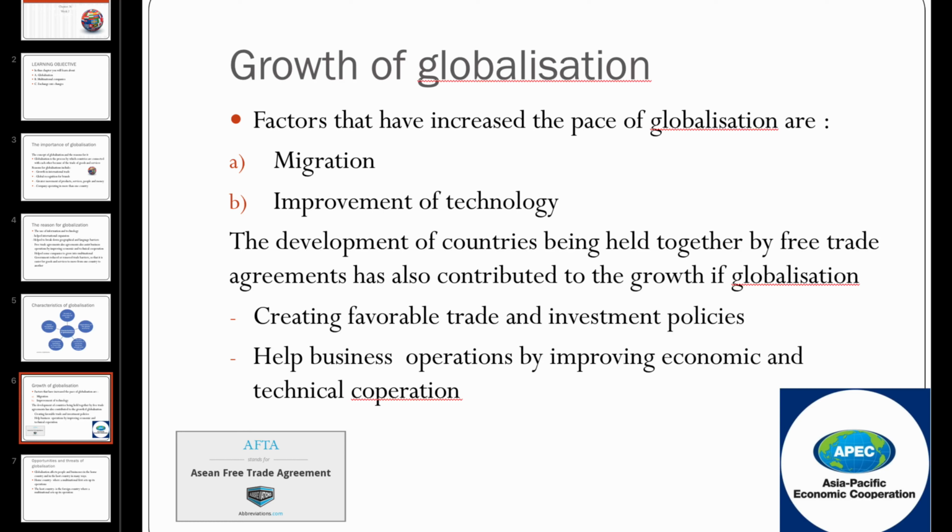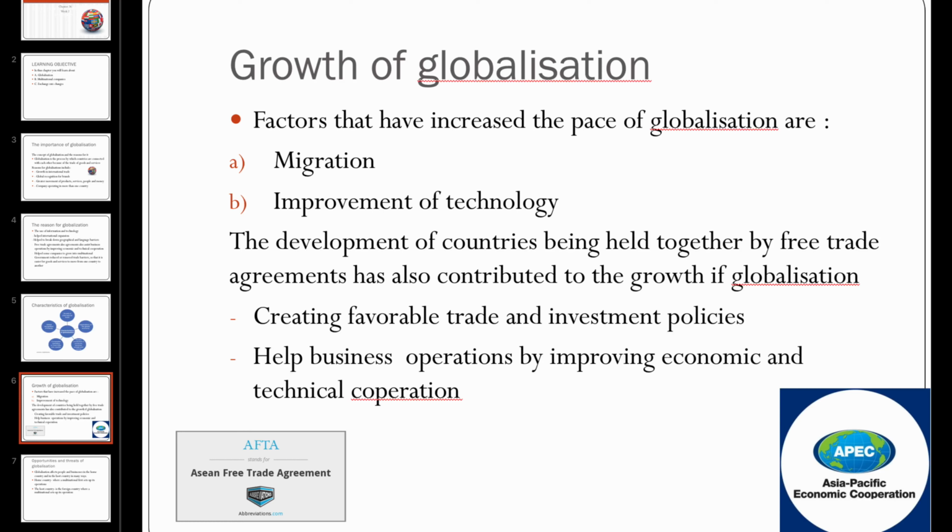Okay, so another way, free trade agreements are actually considered to be an important way of opening up foreign markets. Most free trade agreements aim to reduce trade barriers between member countries by creating favorable trade and investment policy. Free trade agreements also help business operation by improving economic and technical cooperation.